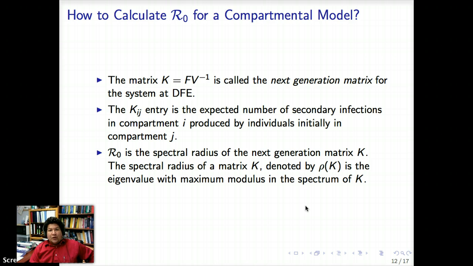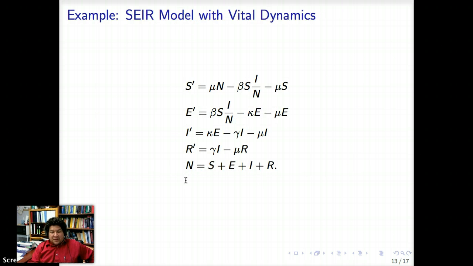Out of all the eigenvalues of the next generation matrix, the spectral radius is the one with the maximum modulus. So what we really want to do to calculate R0 is to compute the eigenvalues of this matrix and determine which one has the largest modulus.